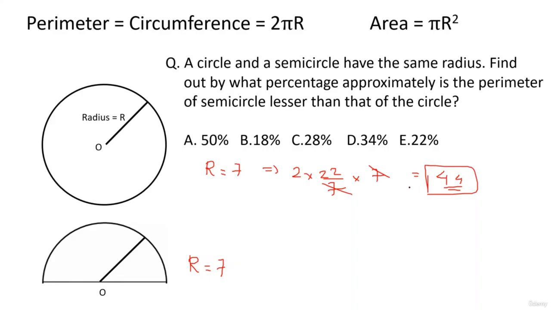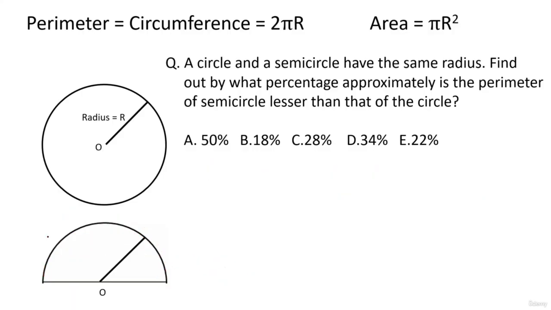Now if you observe, guys, in the semicircle this part is half the circle, right? So half of 2 pi r is already available with us, which is pi r. And we also have the diameter here. Diameter is twice the radius. So for the semicircle, the perimeter is pi r plus 2r.